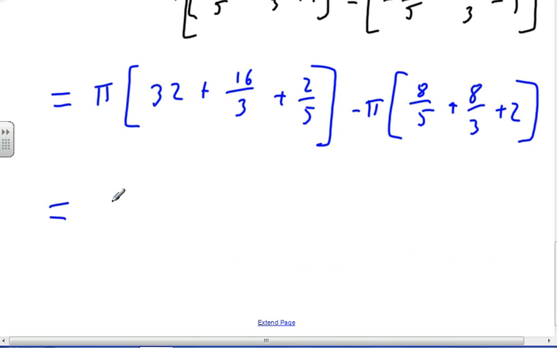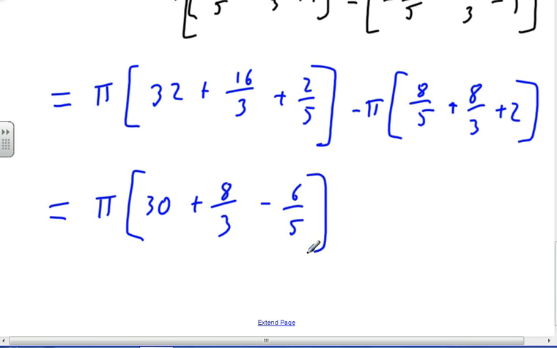Oh, bummer, one's plus and one's minus, so I got 30 minus 2, so I got 30. I got 16 minus 8, so that'd be 8 thirds. I've got 2/5 minus 8/5, so that'd be minus 6/5 times pi.